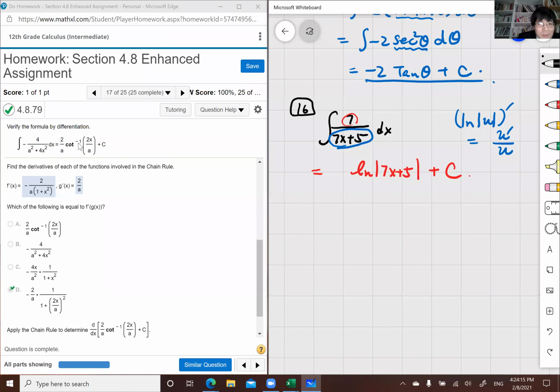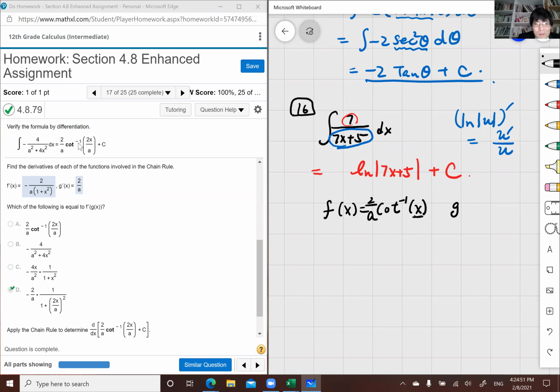So we start with some function f dash and g dash, using the chain rule. So first of all, we have a function f of x equal to cotangent inverse of x times 2 over a. Let's consider this function. So forget about the inner function.